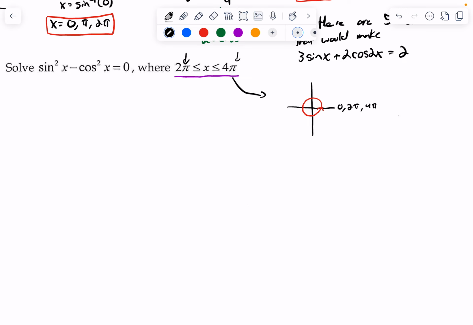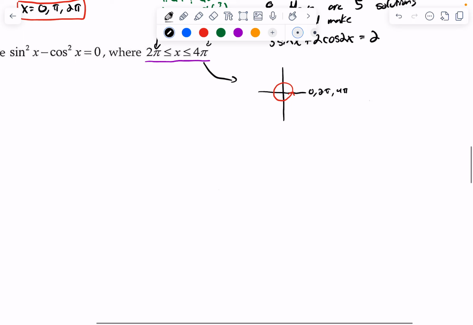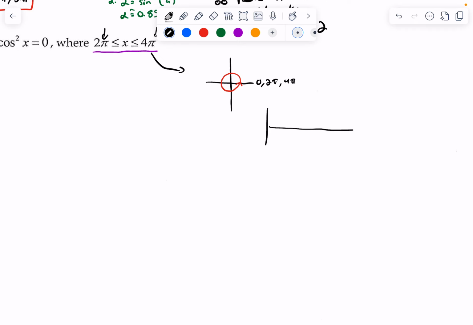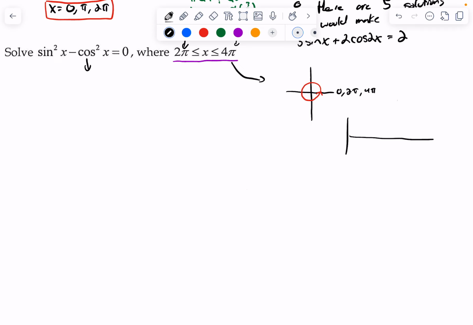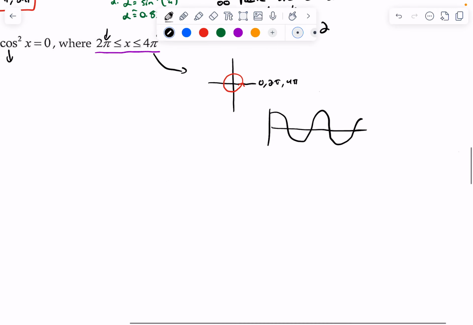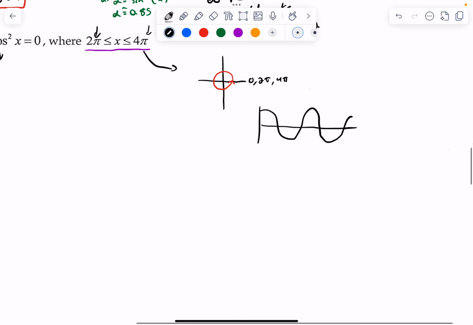So what this domain is telling you is, okay, I know this is a lot more complicated of a function, but let's say you had a graph of that. Let's say you graphed this function right here, and it looks something like this. It's a trig function. All right, so let's say it looks something like that.